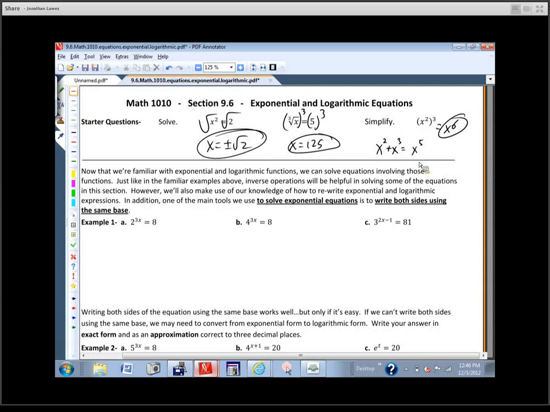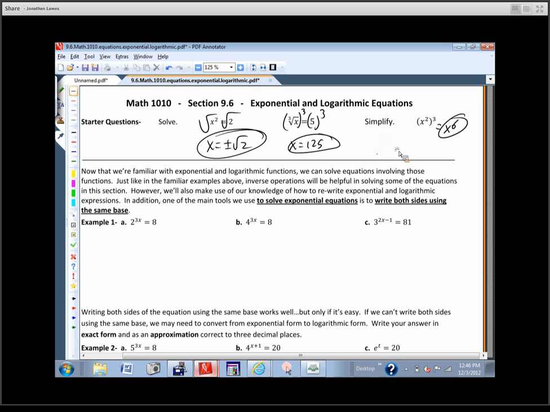Do we get x to the fifth? You can't combine them, right? Because they're not like terms. If it were multiplication, then we'd get x to the fifth, right? So you got to keep straight like terms, what happens when we multiply them, what happens when we have a power to a power and stuff like that. So we want to make sure we don't lose track of those details.